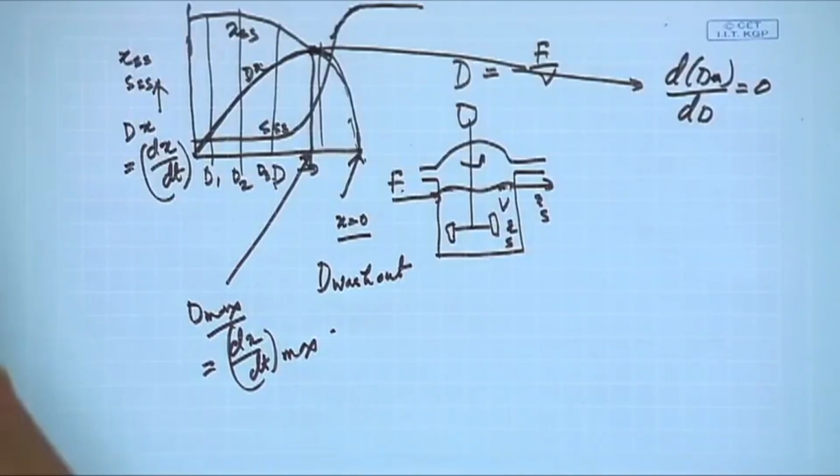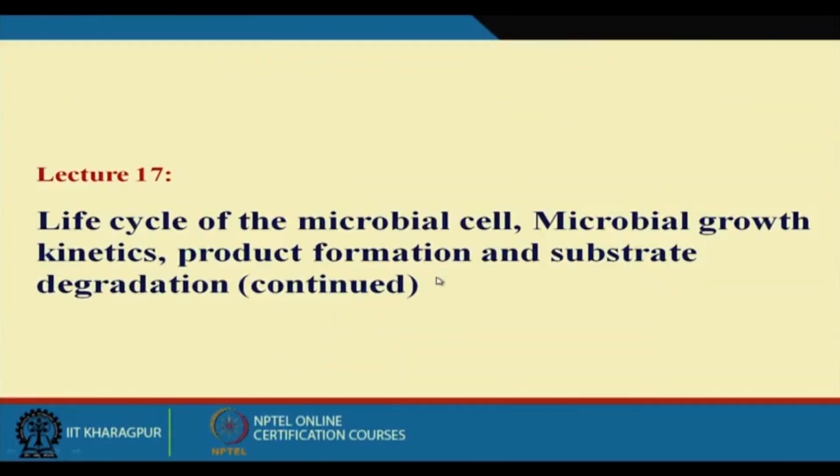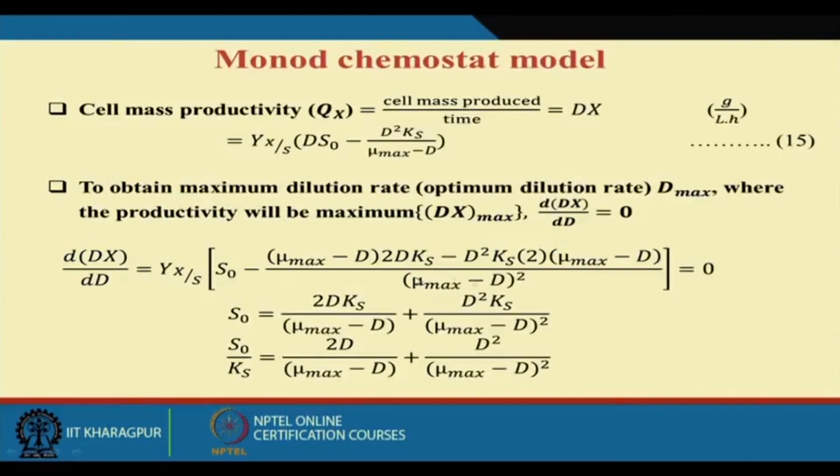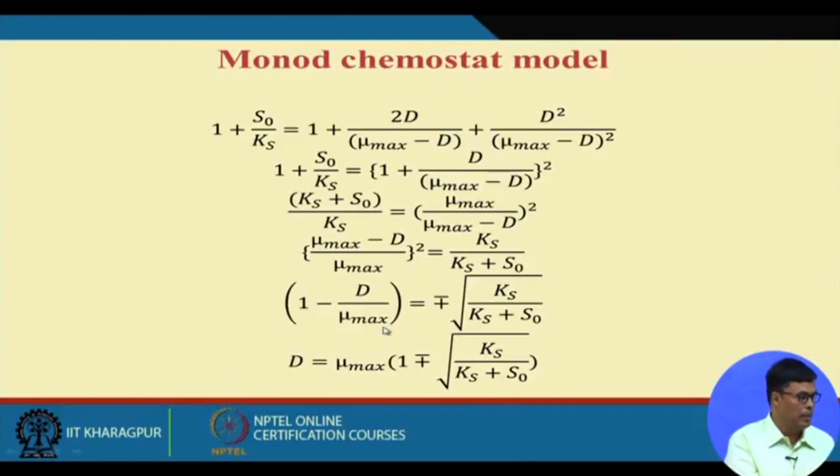Now let me come here. We can write dX/dD like this, because previously we have seen this is the expression that we have. Then S0 by Ks we can write like this.